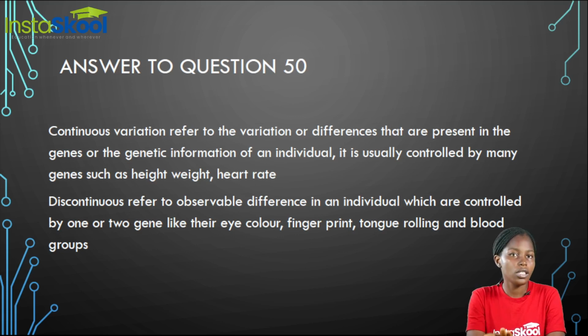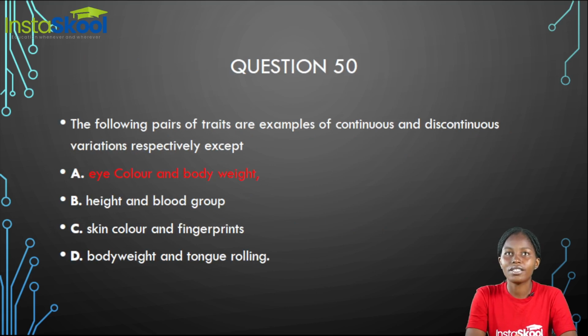But when we talk of discontinuous variation, this is the observable difference, that is, the phenotypic difference in individuals. These differences are usually controlled by one or two genes, such as our eye color, fingerprints, ability to roll tongue, and blood group. So let's now go back to our question.